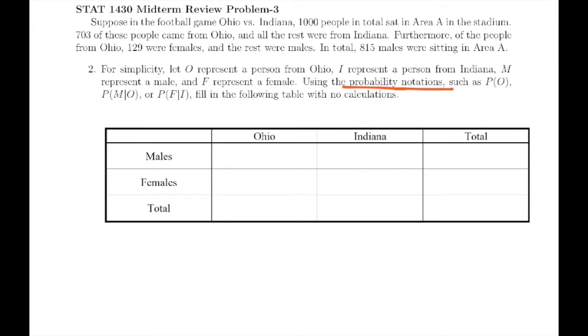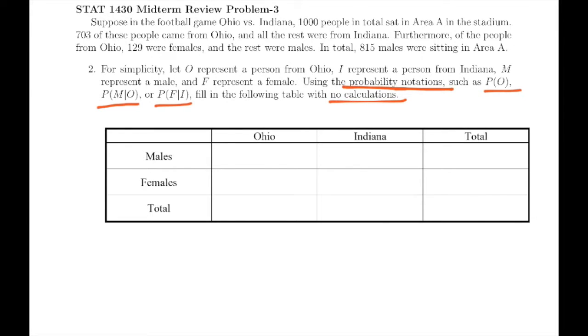Use probability notations such as P(O), that is the probability of a person from Ohio, P(M given O), that is the probability of male given that he comes from Ohio, or P(F given I), that means the probability of a female given she is from Indiana, to fill in the following table with no calculations.